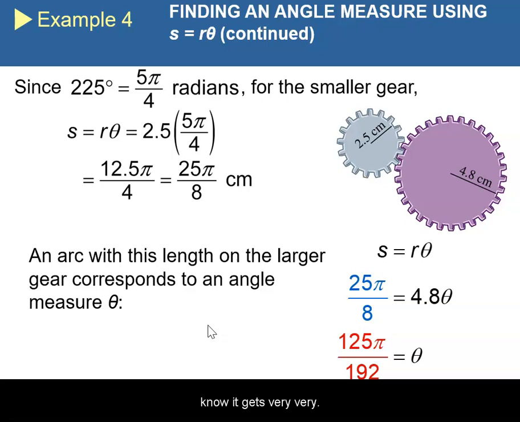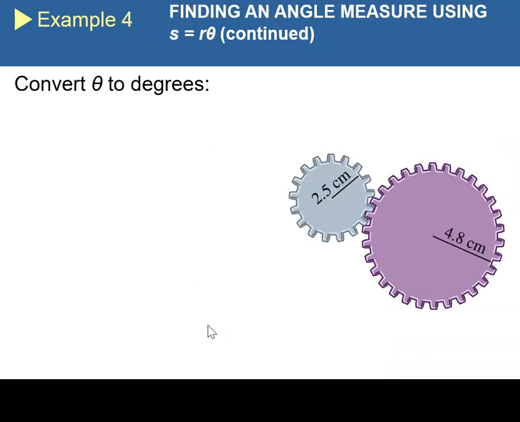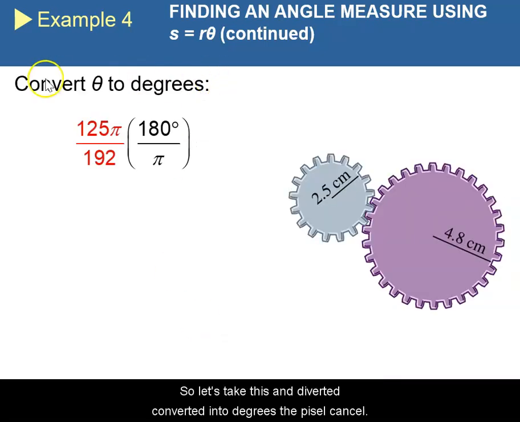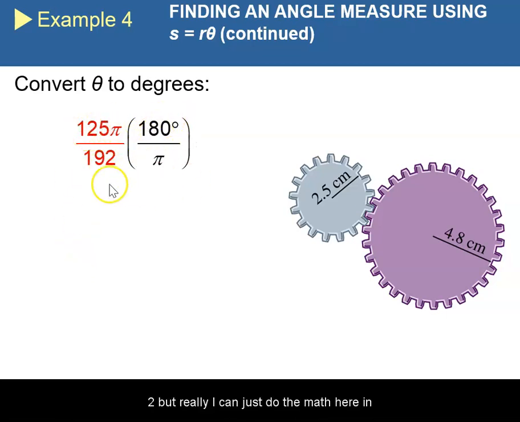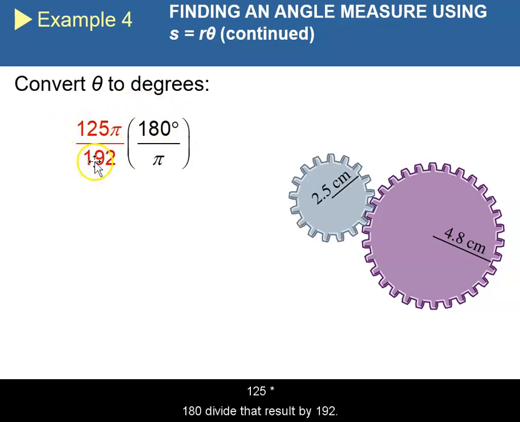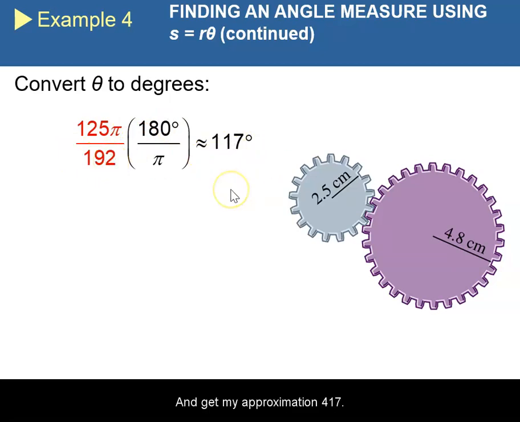It gets very, very funky. So let's take this and convert it into degrees. The pi's will cancel. These are both multiples of 2, so they can at least divide by 2. But really, I can just multiply 125 times 180, divide that result by 192, and get my approximation of 117 degrees.